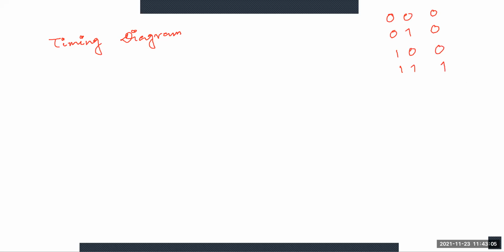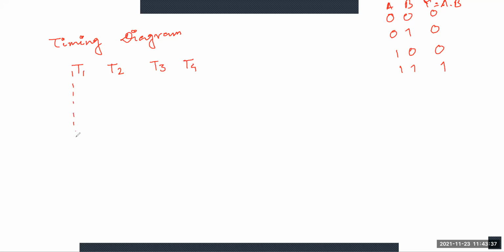Here this is A, B, and this is Y. Y equals A dot B. Suppose here actually there are 4 combinations, 0 0, 0 1, 1 0 and 1 1. So here I am writing time t1, t2, t3, and t4.